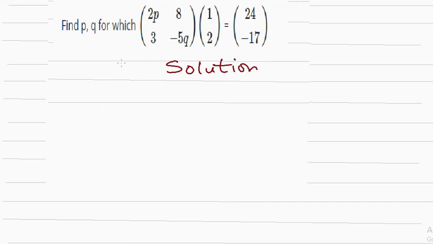Row against column. This first row will multiply only the first column, but I only have one column for the second matrix. Then the second row will still multiply that column. Let's do that: 2p multiplied by 1 is 2p. Then 8 multiplied by 2, that is 16.